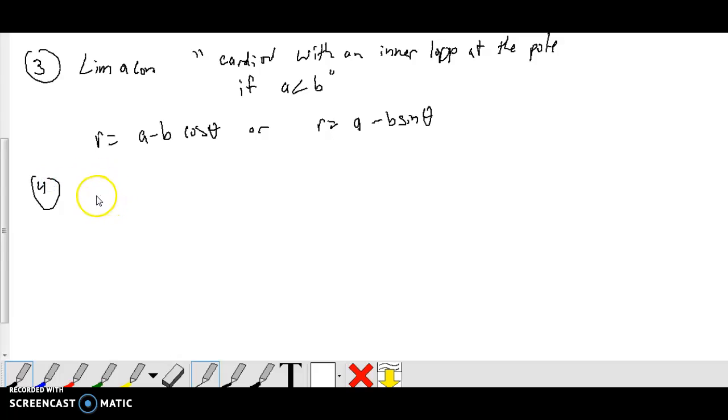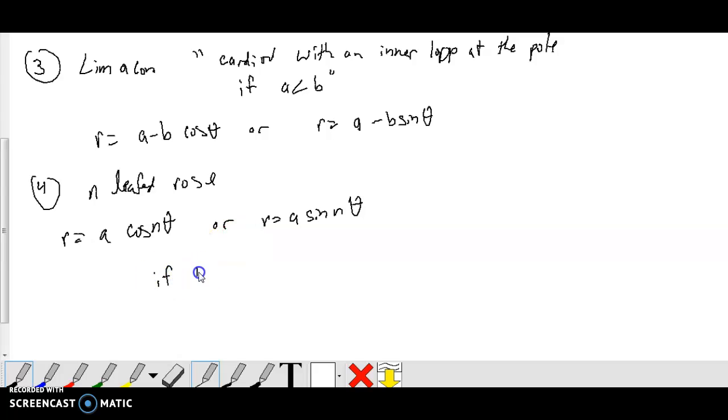This would be number 4. So this is called the n-leafed rose. It's very pretty. So r is equal to a cosine of n theta. We can say r is equal to a sine of n theta.